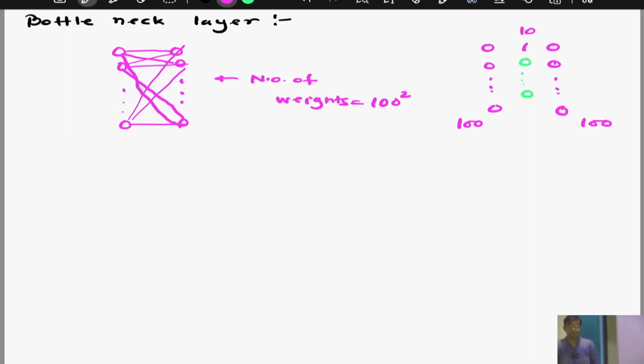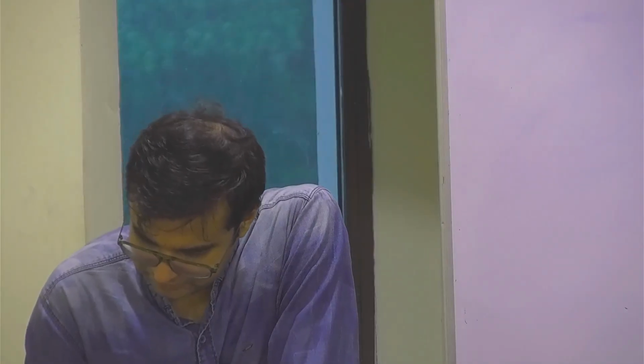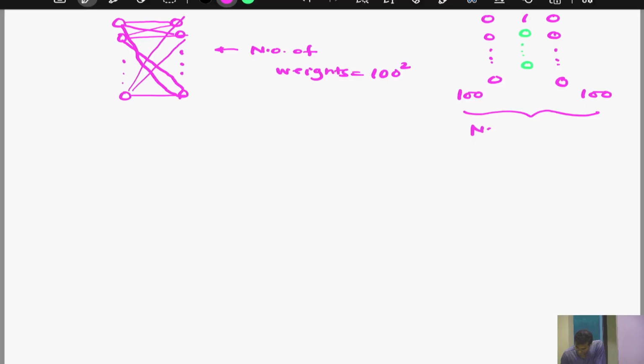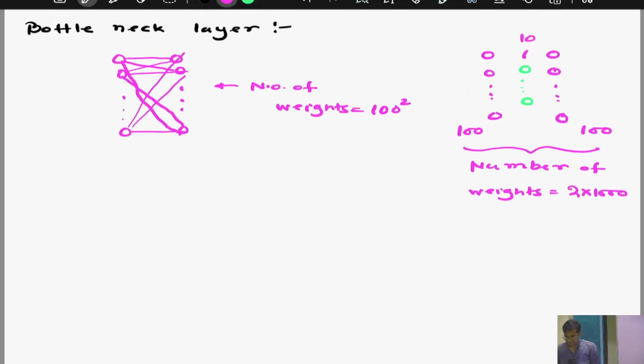Now how many parameters? 2000. 100 times 10, 100 times 10, so 1000 plus 1000, 2000. I can write cardinality of theta, but let me write it like this: number of weights is 2 times 1000, 2000.